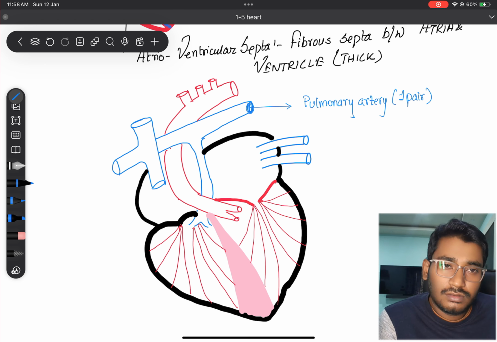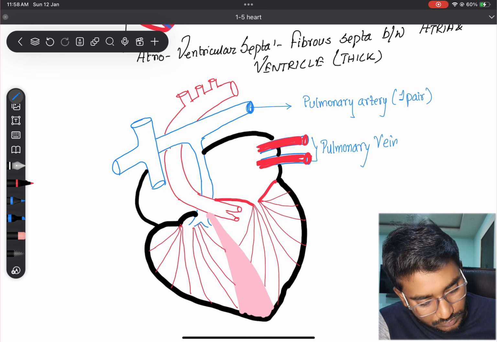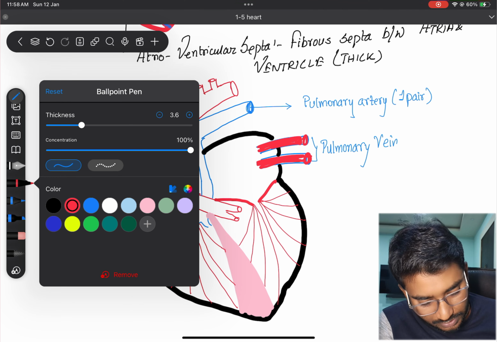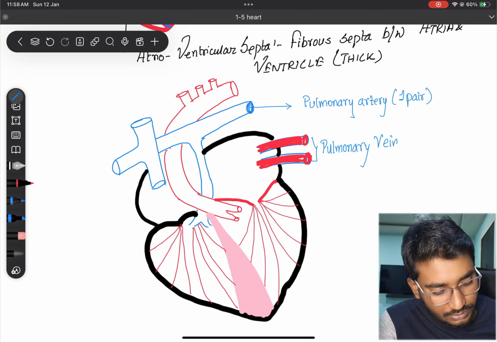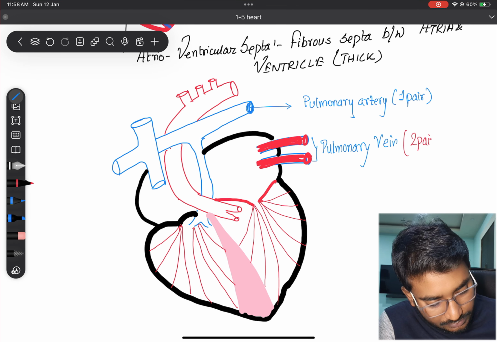This is the pulmonary vein. It carries oxygenated blood. It is two pair.